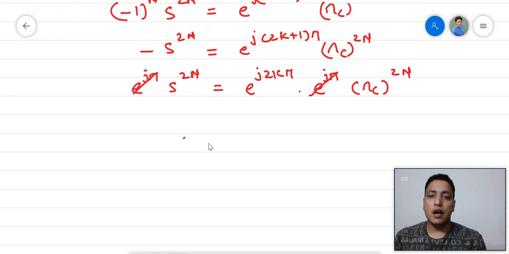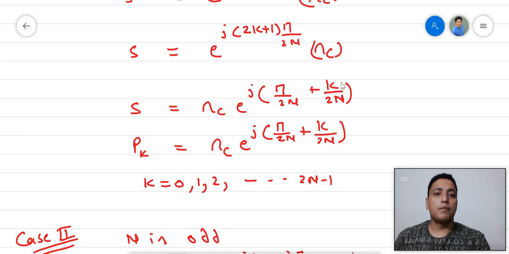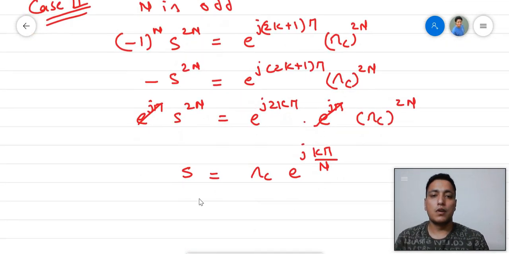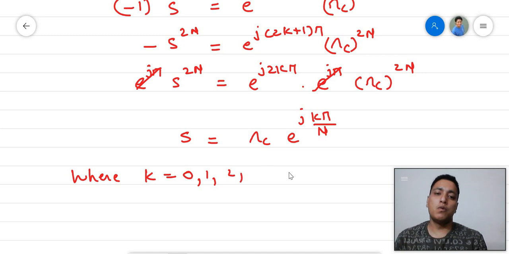So we get s equals to omega c exponential j k pi by n. There should be pi at this point. So s is equal to omega c exponential j k pi by n, where k is equal to 0, 1, 2 up to 2n minus 1.